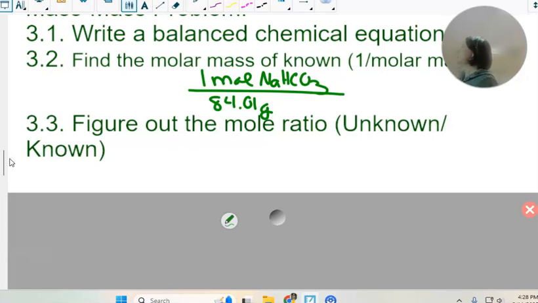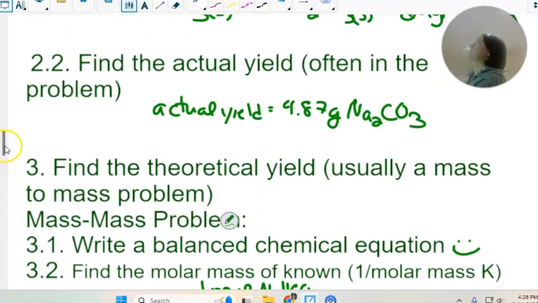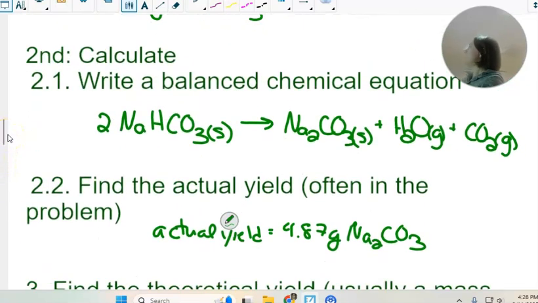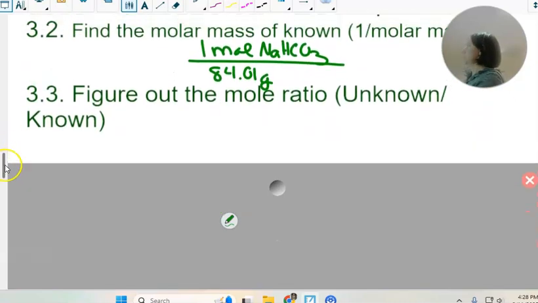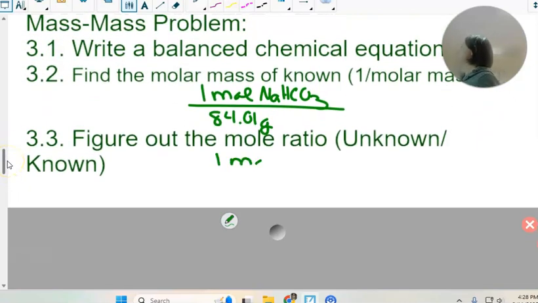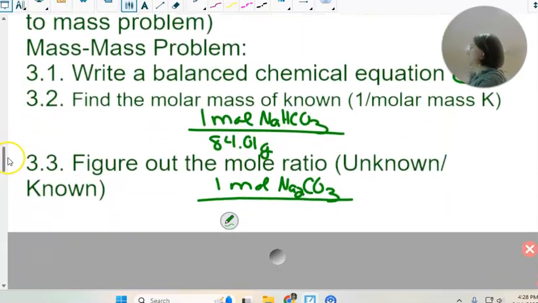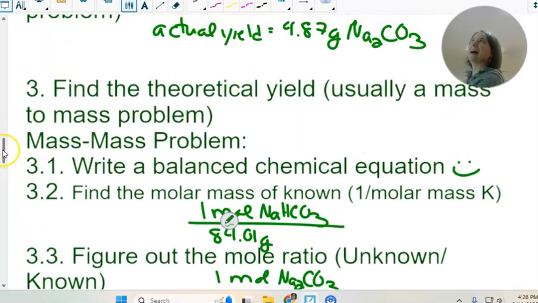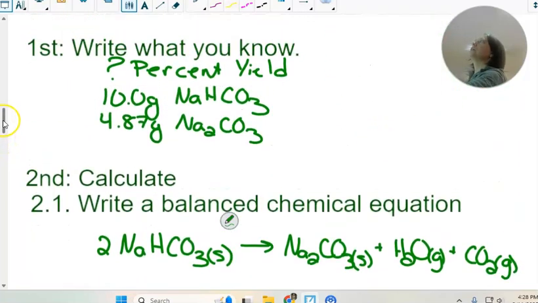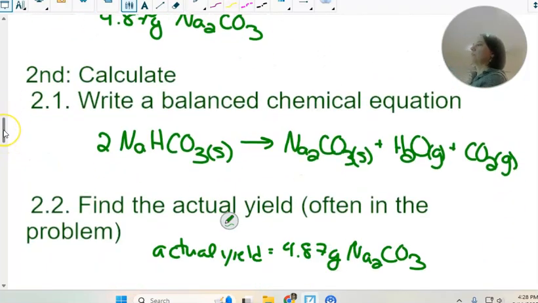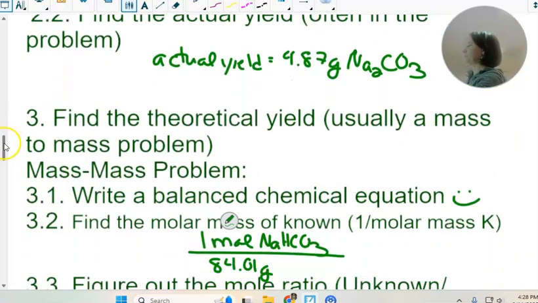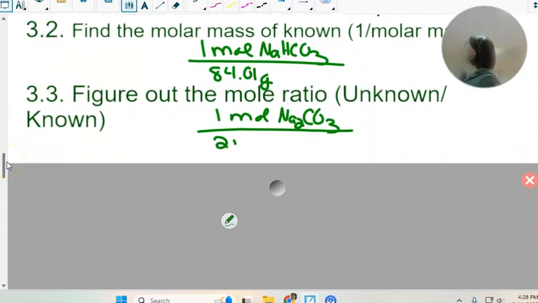So our unknown is, well, let's look at the 1 mole of sodium carbonate. 1 mole sodium carbonate over how many moles of our known quantity, which our known quantity is the sodium bicarbonate, which in our balanced chemical equation is 2 moles.